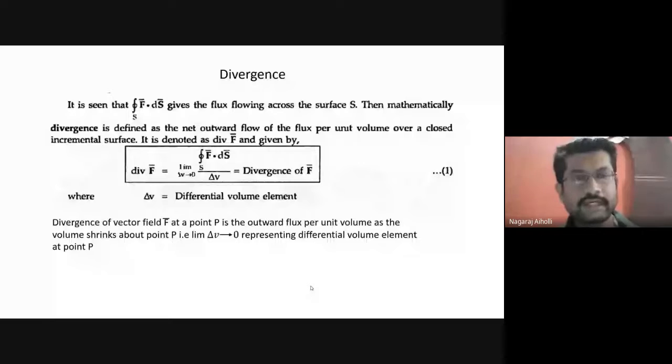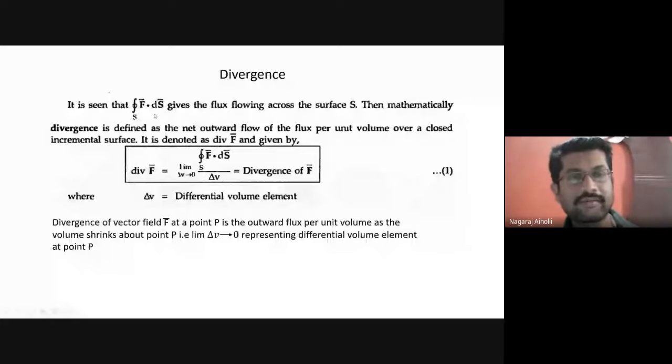The closed surface integral of the vector field F with respect to the surface dS bar gives the flux flowing across the surface S. That is the amount of flux crossing the surface S.